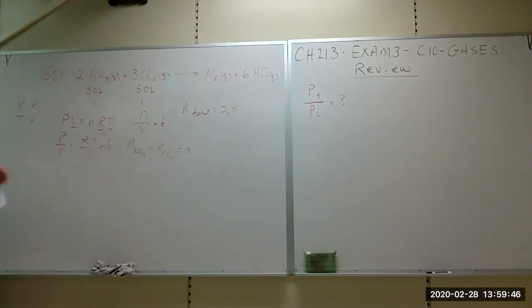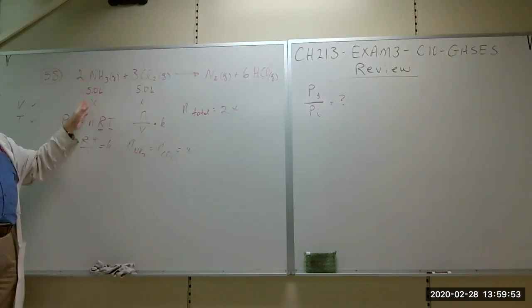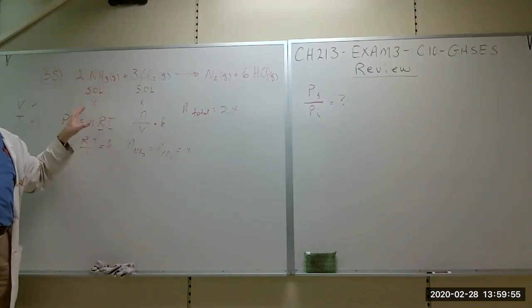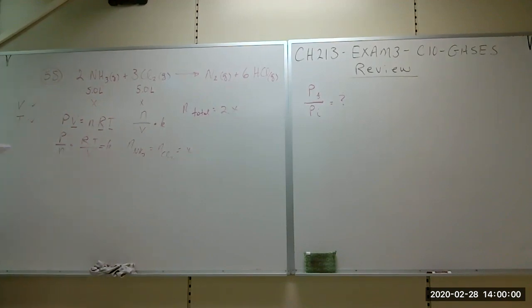Which one is limiting? In that case, all you have to do is say the least amount is limiting, right? So this one is the limiting one, the ammonia. The ammonia is going to run out first. And chlorine is in excess.